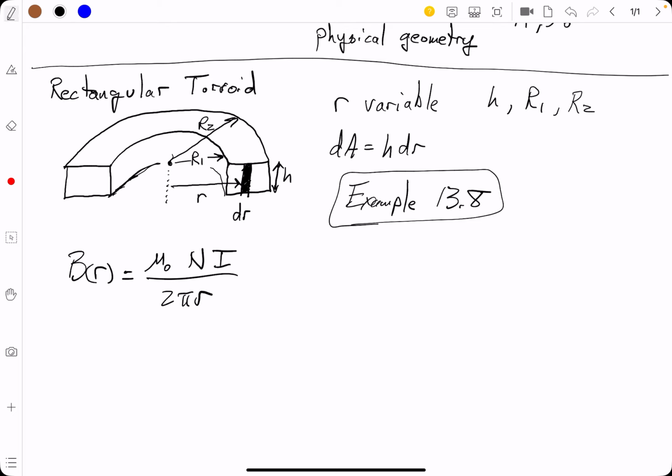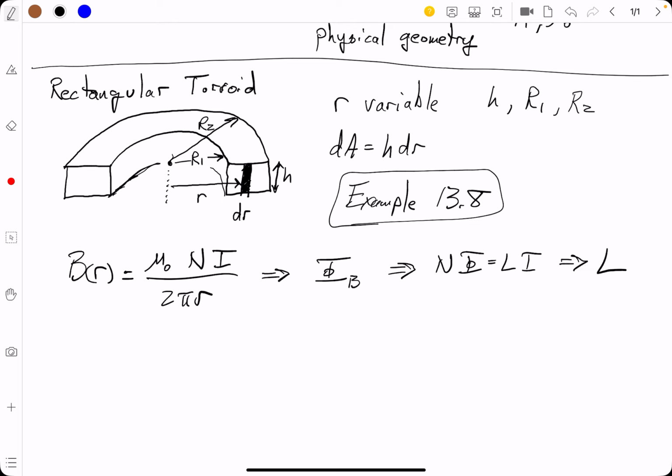All right. So we're going to start with our B field. We're going to get our flux. Our B field's going to give us a flux. Then we're going to use our flux and the equation N phi equals L i and get our inductance. Okay.